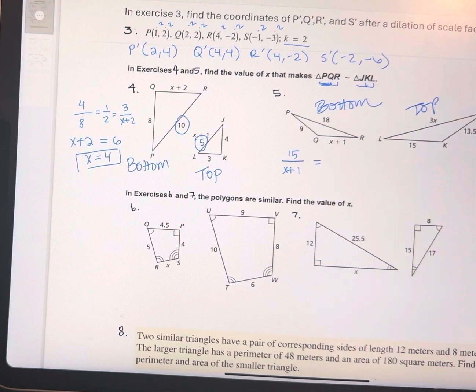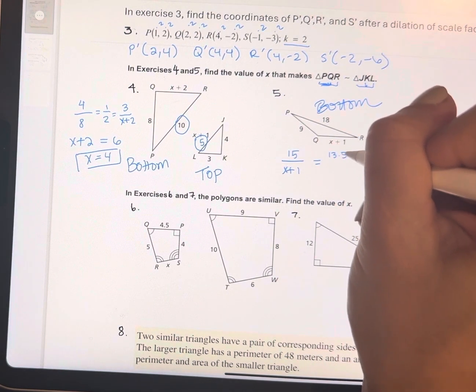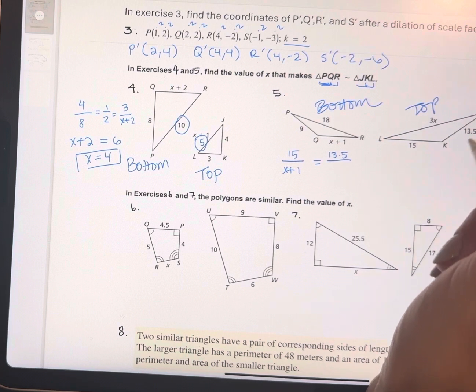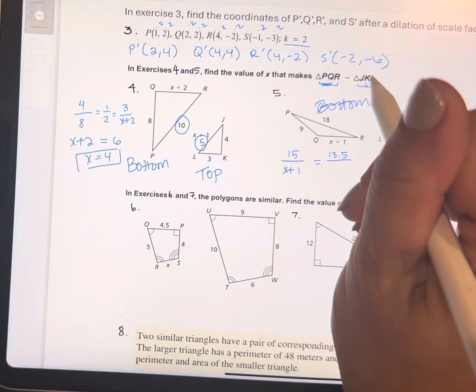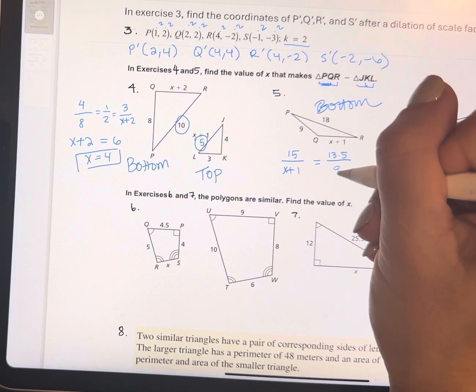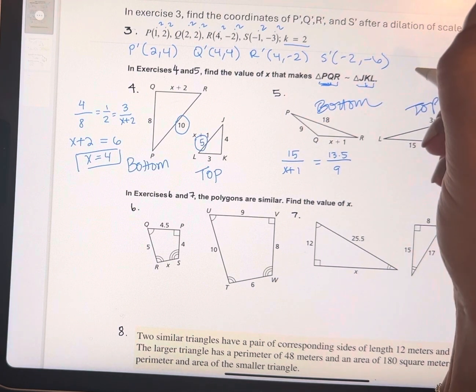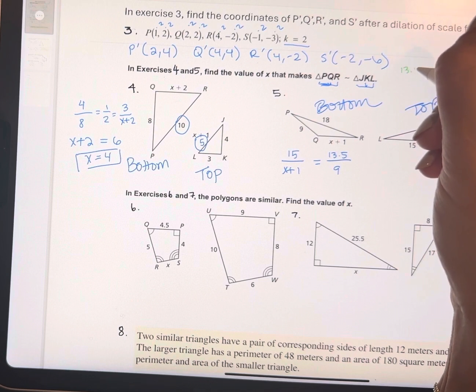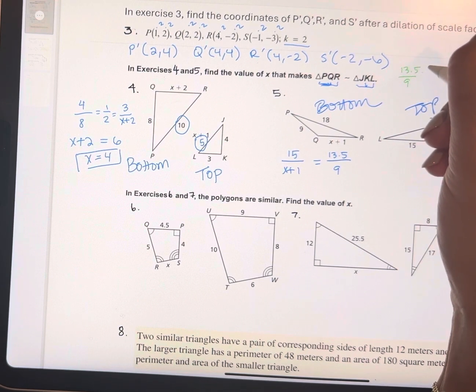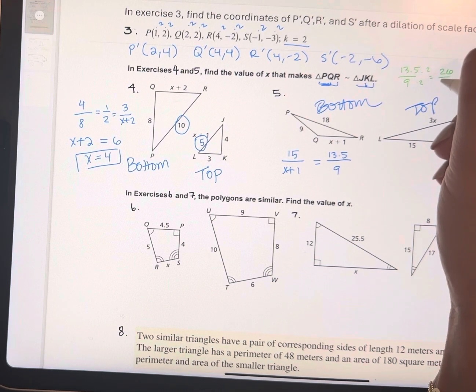All right, guys, it's time to not be afraid of decimals. So JK is 13.5 over JK and PQ. PQ is 9. You know what I'm going to do? I'm going to reduce this fraction over here. So I'm going to take 13.5 over 9. I'm going to multiply the top and the bottom by 2 so that I get 26 over 18.